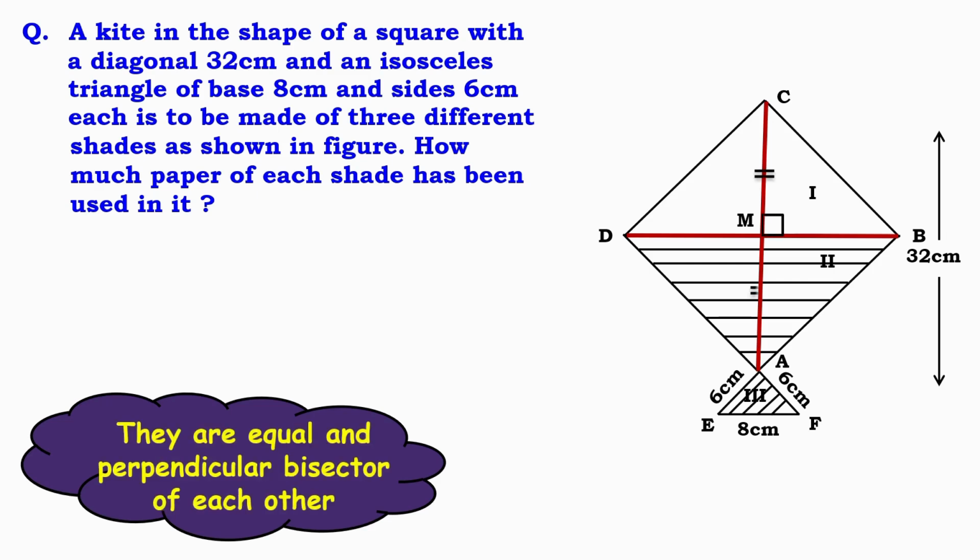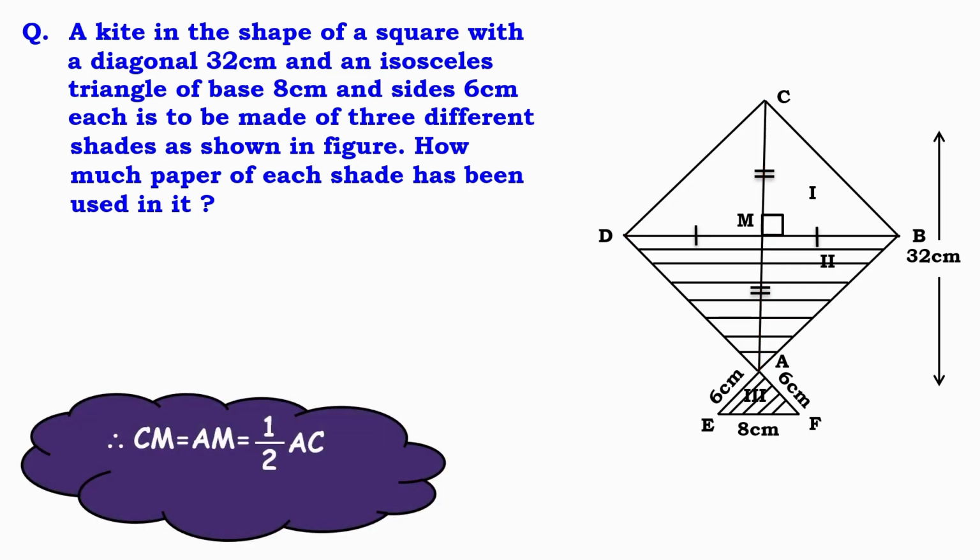In a square, you need to remember that the diagonals are equal and they perpendicularly bisect each other, meaning they make a 90-degree angle, right? This is the main point here.